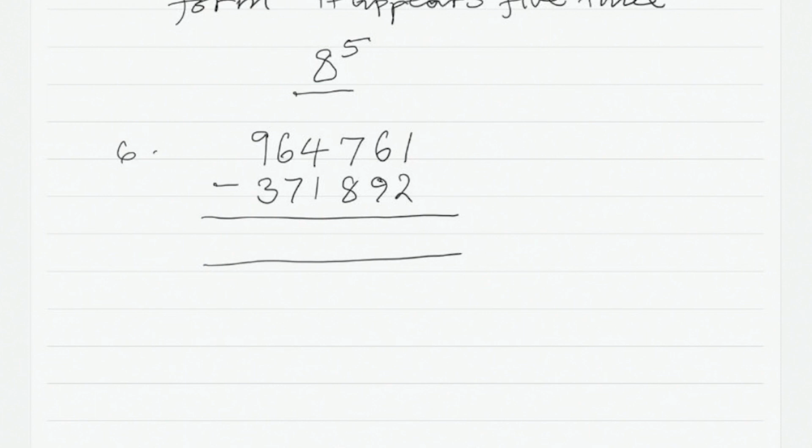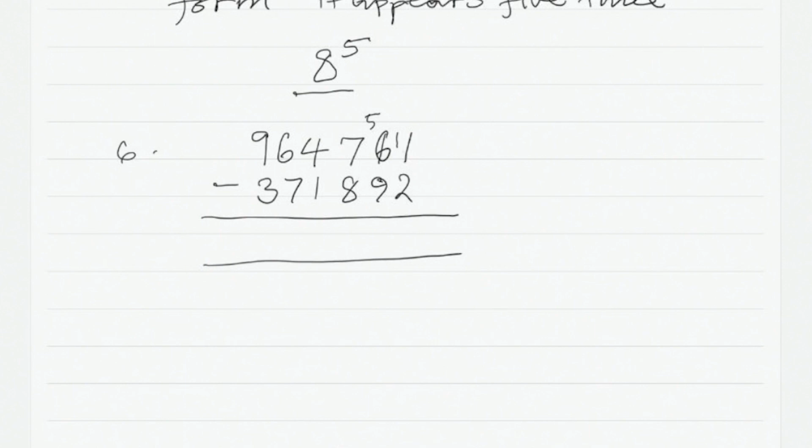So when we look at 1 and 2, we cannot subtract 2 from 1. So we get 1 from 6, you remain with 5 there. 10 from 6 and 10 plus 1 here, it gives us 11. 11 take away 2, that will give us 9.